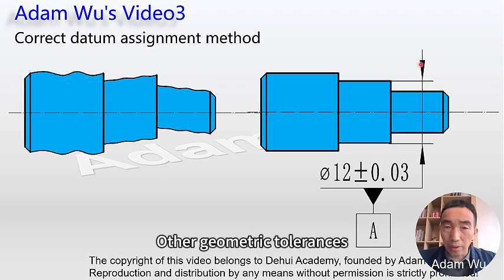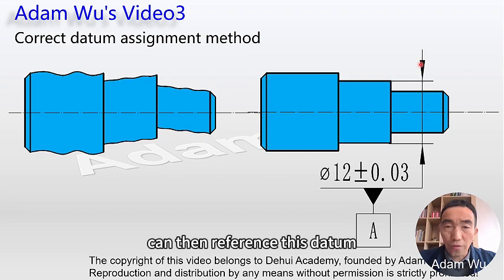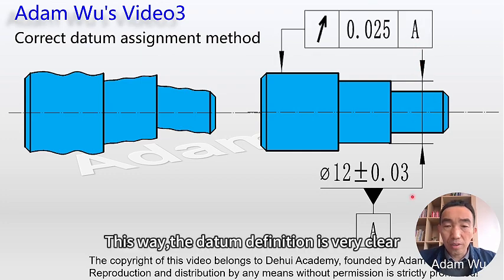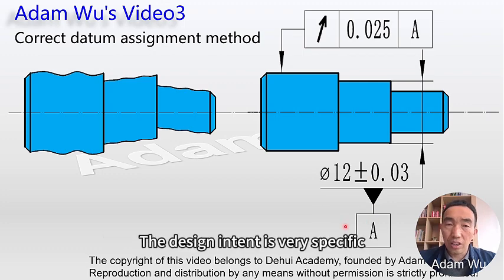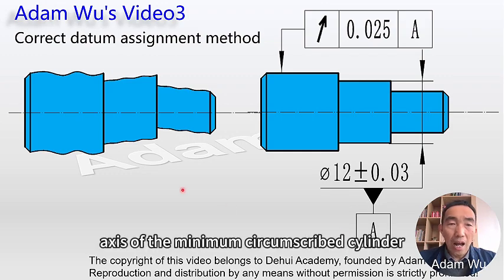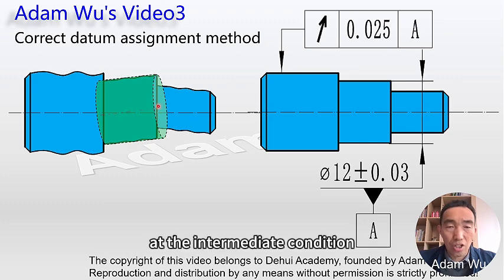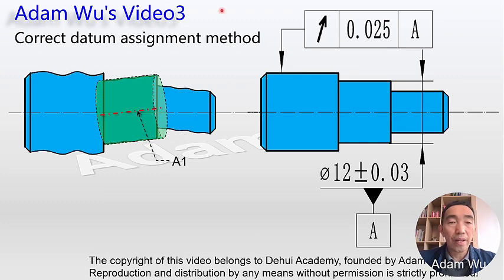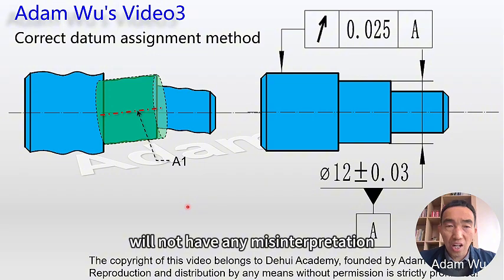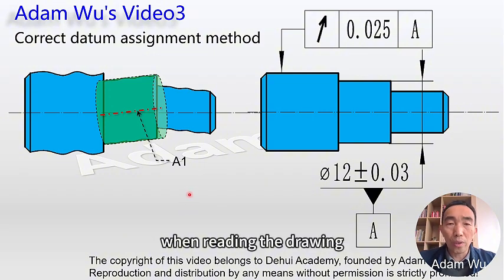Other geometric tolerances can then reference this datum. This way, the datum definition is very clear. The design intent is very specific. Datum A refers to the axis of the minimum circumscribed cylinder at the intermediate condition. This ensures that both quality engineers and manufacturing engineers will not have any misinterpretation when reading the drawing.